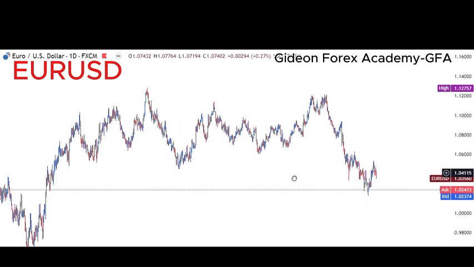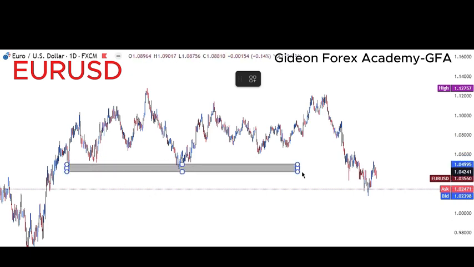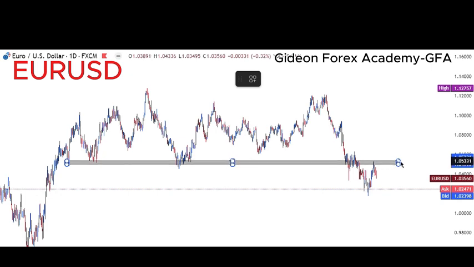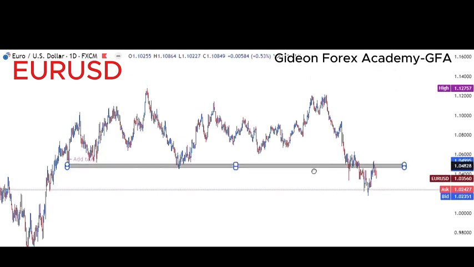Okay, for our technical analysis, I would consider this area here. Okay, you can see this reaction. This is more like a support area, all right, and the price is reacting to this point here, this area.